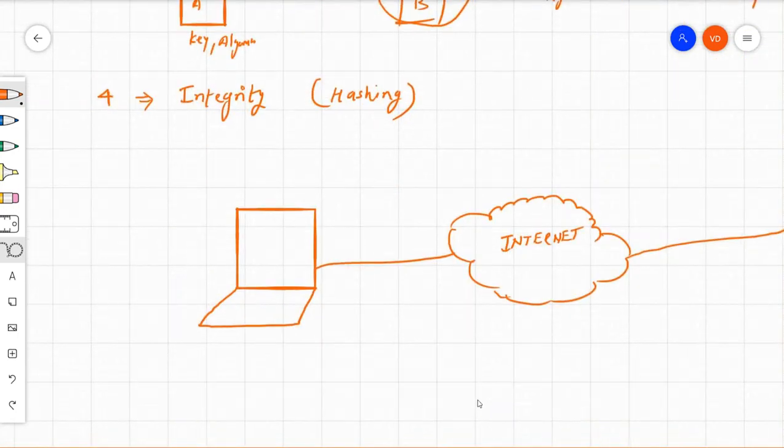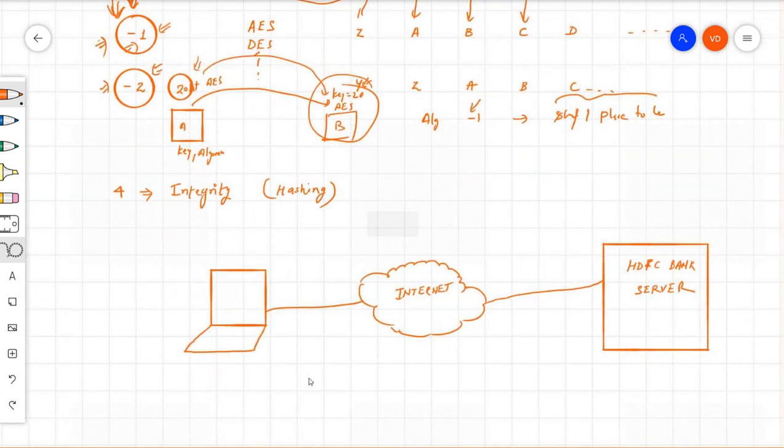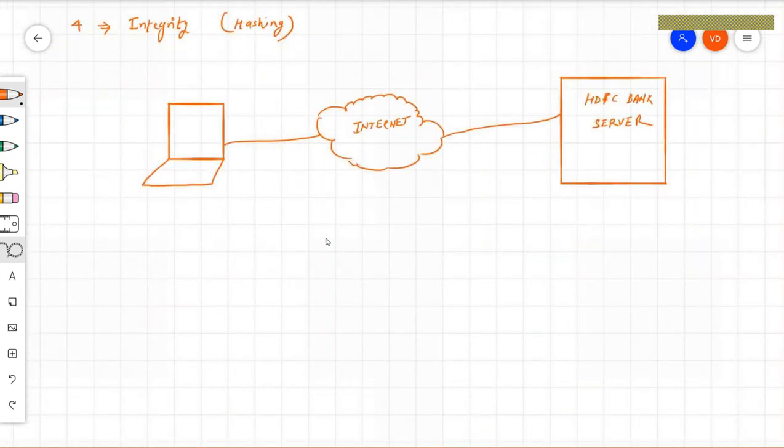Let's try to understand integrity now. So here you go. Again, I think you have an idea about this. Whatever I want to send, A, B, C, D, it should be received as A, B, C, D here.